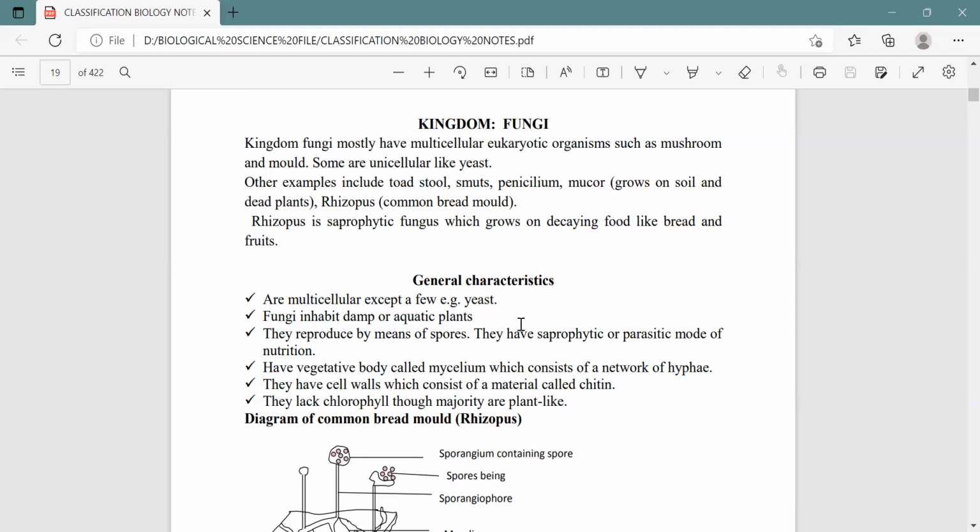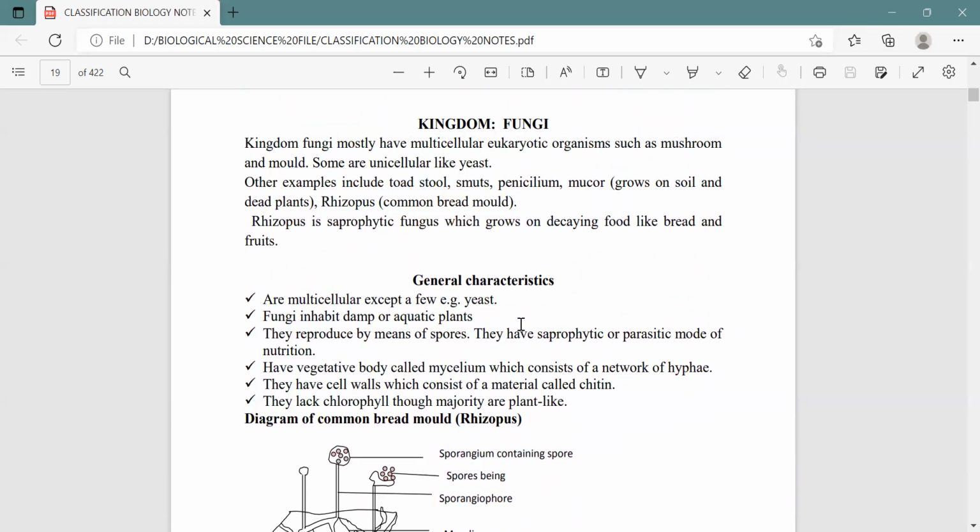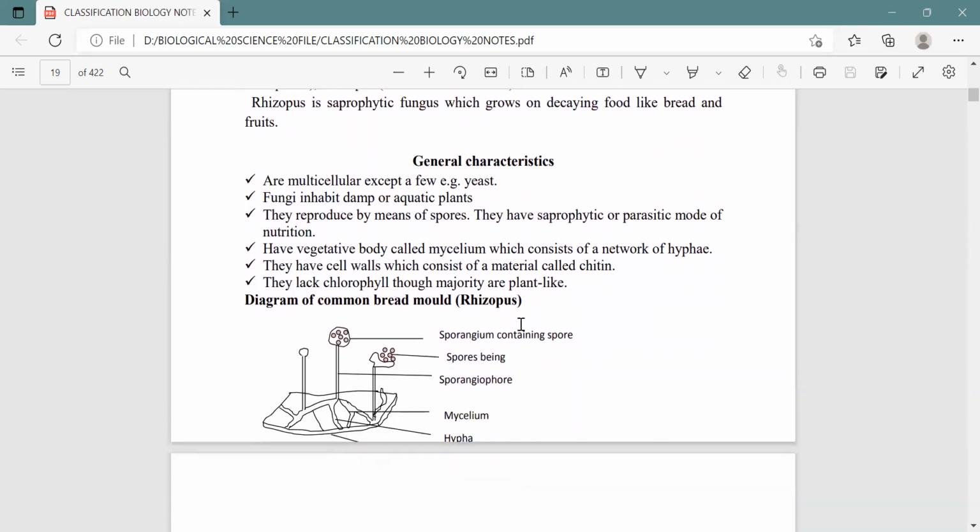So those are the characteristics of fungi. The common bread mold is there, and whenever it germinates, like on the piece of bread, it will produce those structures which you can see. In the substratum, there is hypha and mycelium that is inside the bread.